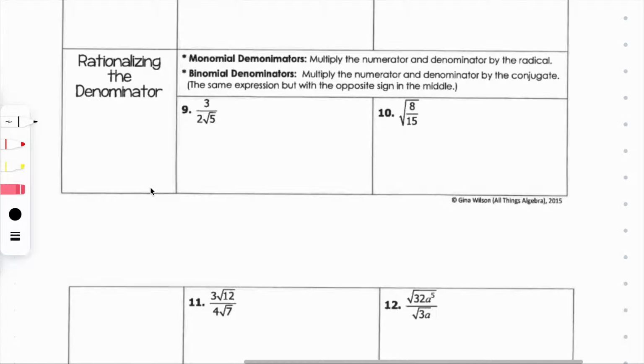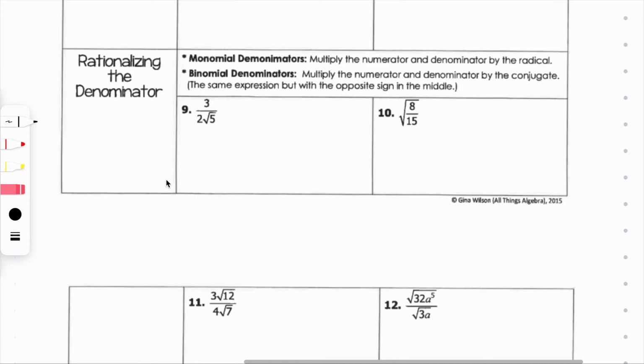Essentially, the whole idea behind rationalizing the denominator is we might have a square root in the denominator. And it's convention in math to stray away from that. We don't want square roots on the denominator. If they're on the top, that's fine. So we want to get rid of that problem.